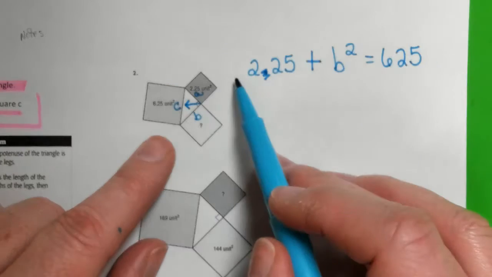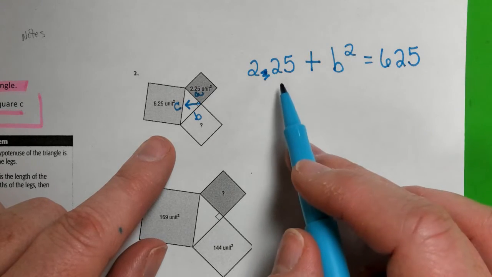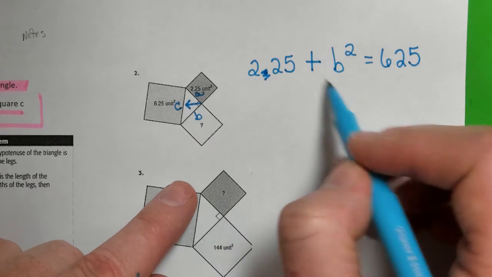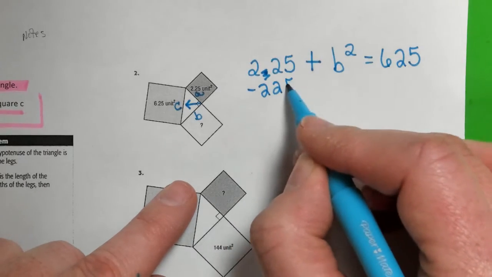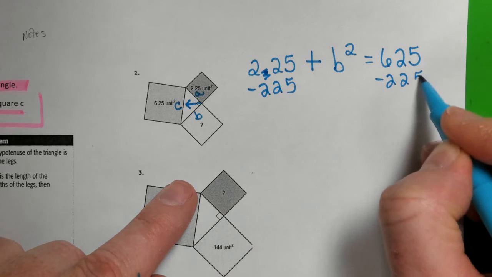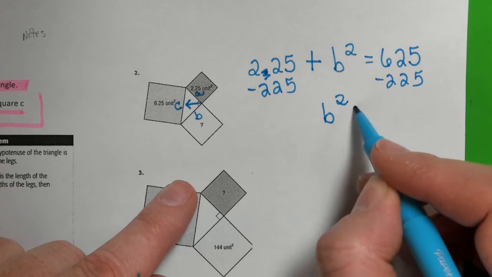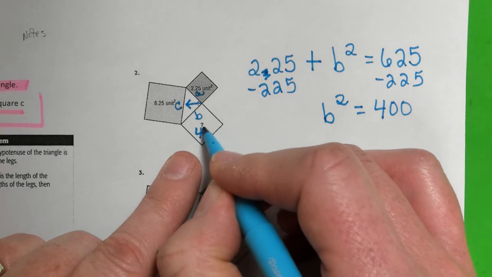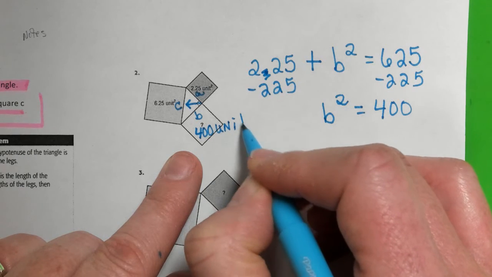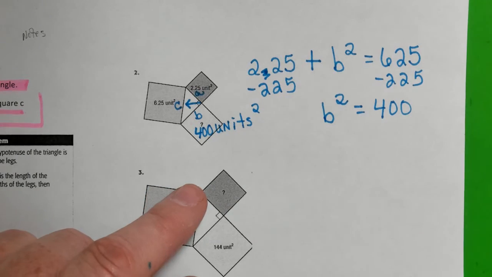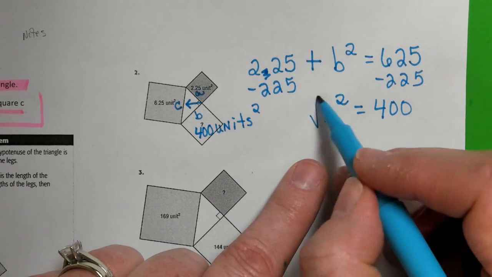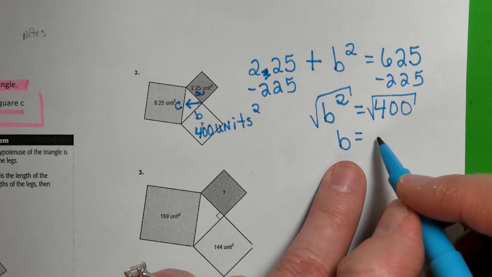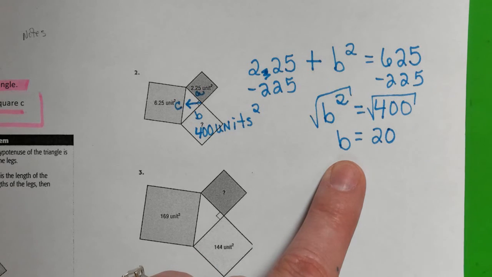So notice we've filled in our formula. We've got kind of an equation here. So to solve this, to get B by itself, I'm going to subtract 225 from both sides. So the area of square B is going to be 400 square units. Now, if I want to find the side length, all I have to do is take the square root. So the side length of square B is 20.